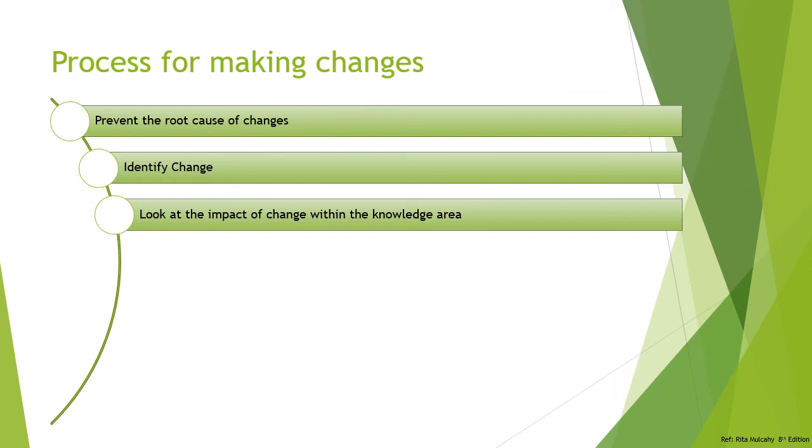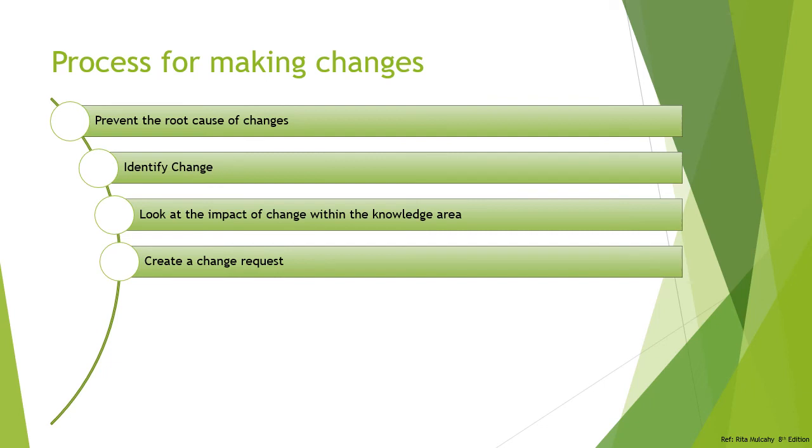For example, if there is any change in a particular scope of the project, how it is going to affect the rest of the scope needs to be evaluated. Similarly, if there is a schedule change in the project, you need to evaluate how it is going to impact the schedule of the other work activities, right?